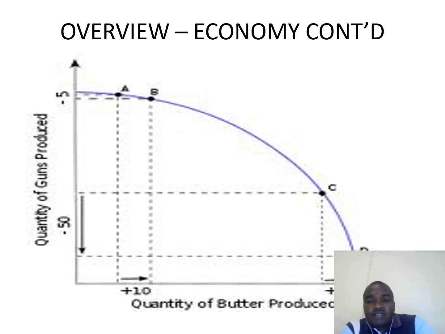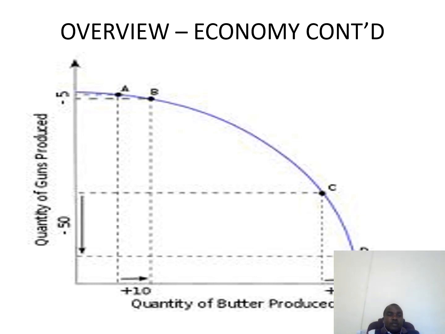This slide shows us the PPC depicting the production of guns and barter, guns representing non-civilian goods and barter representing civilian goods. If we look at this PPC, we realize that the opportunity cost of producing guns in terms of barter, or barter in terms of guns, actually increases from left to right.